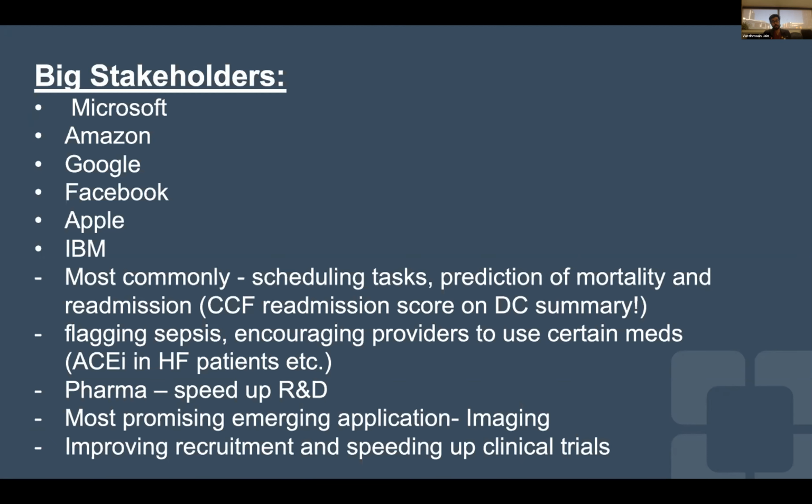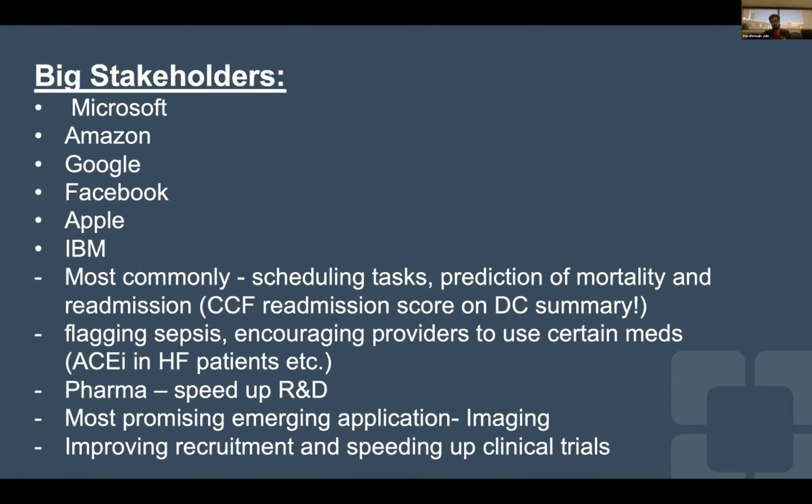And then clinical trialists have been using AI recently to improve the recruitment of participants, because it's really tough to find really good case controls in a randomized control trial. And a large part of the funding is actually spent on recruiting participants.